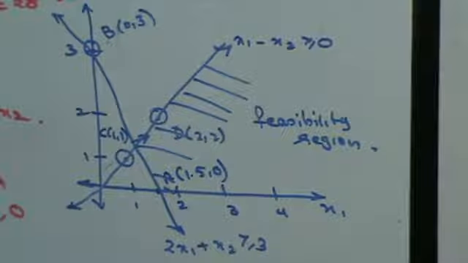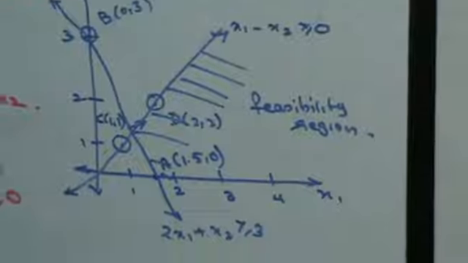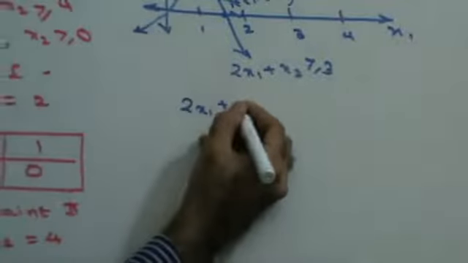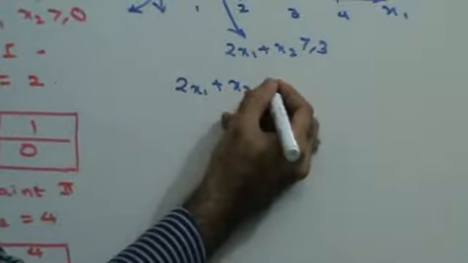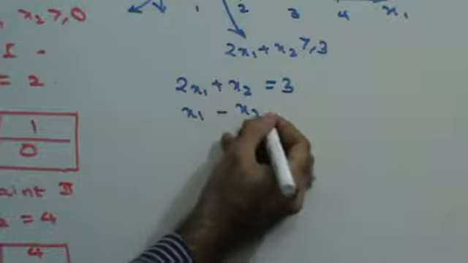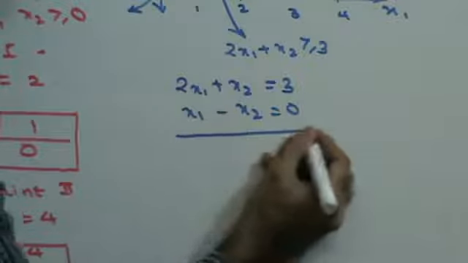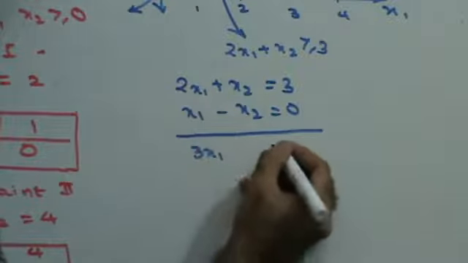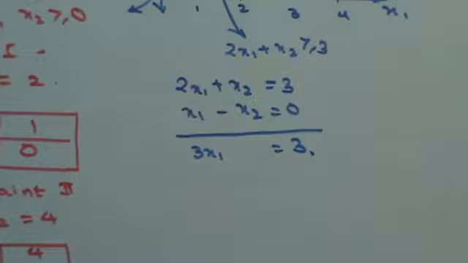Right? In that case, I can say that 2x1 plus x2 is equal to 3 and x1 minus x2 is equal to 0. Add the two equations, I'll get 3x1 is equal to 3. So in that case, I'll get x1 is equal to 1.